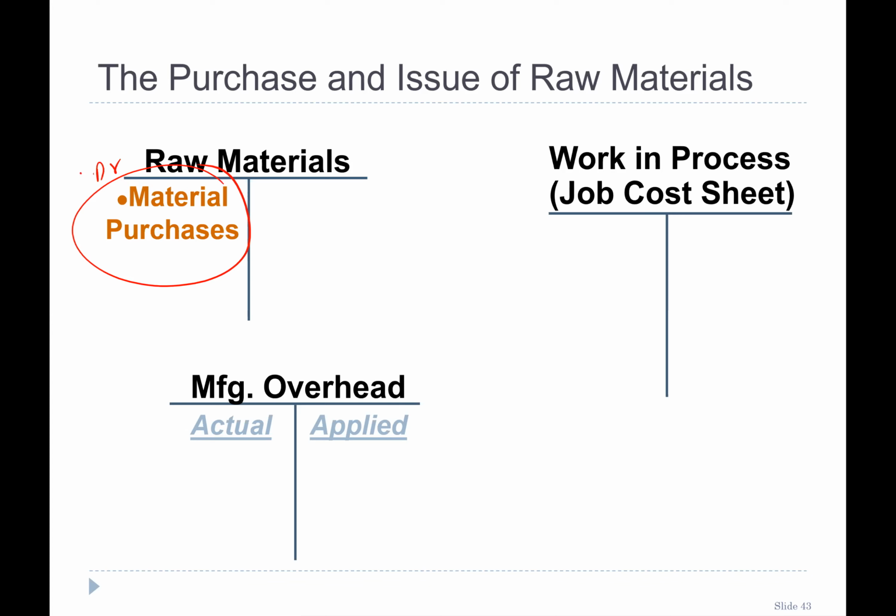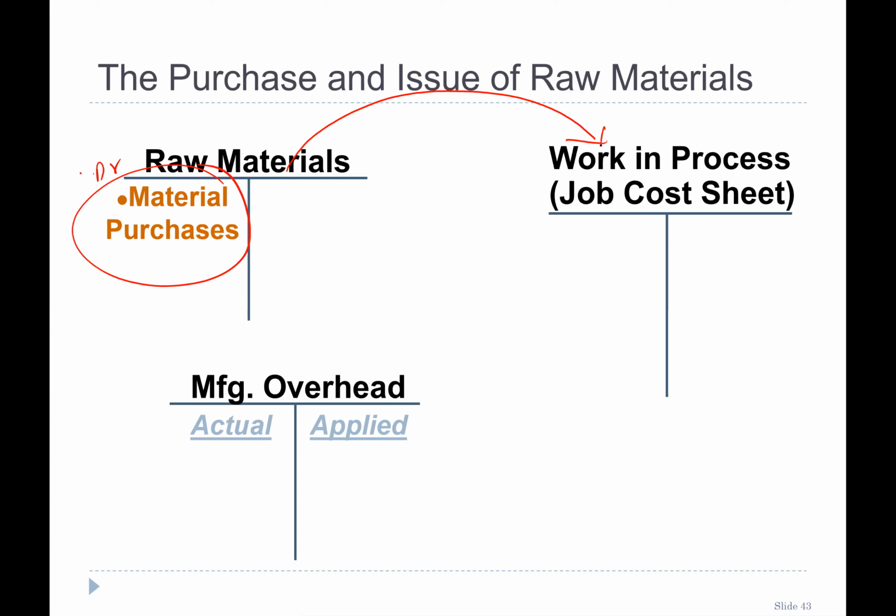So in a factory, when goods are produced, they need raw material. So raw material also goes to work in progress, which is the job cost sheet, in which the workers are working, so they require material as well. When material is requested, it means material would be decreased.